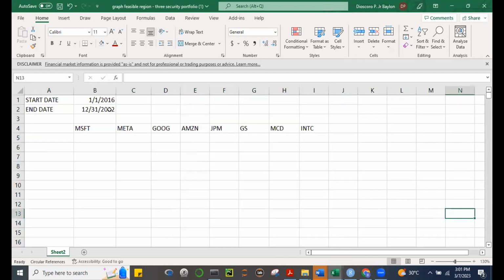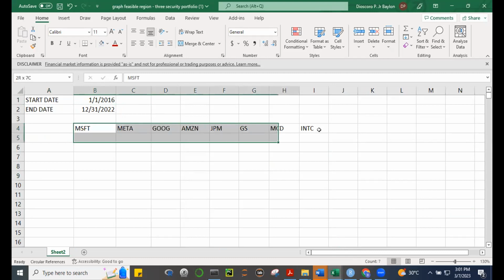Okay. So first, we write a start date and an end date, and then we give it a name, because we're going to copy this to the right later. We will start here. First we identify the stocks that we want downloaded.